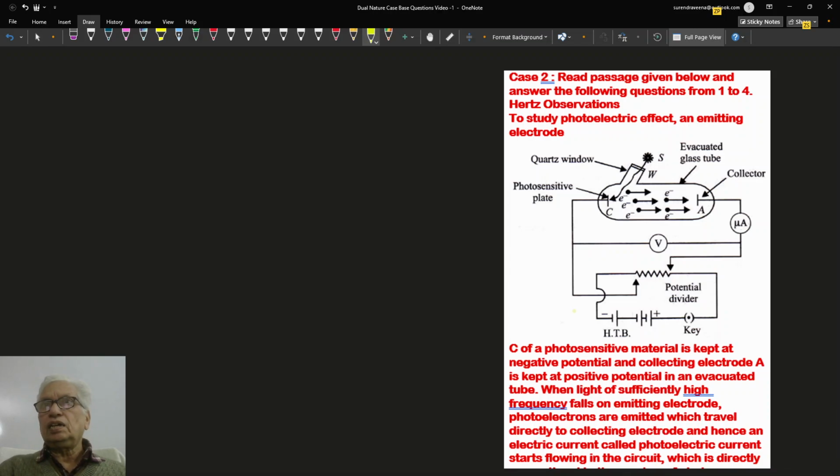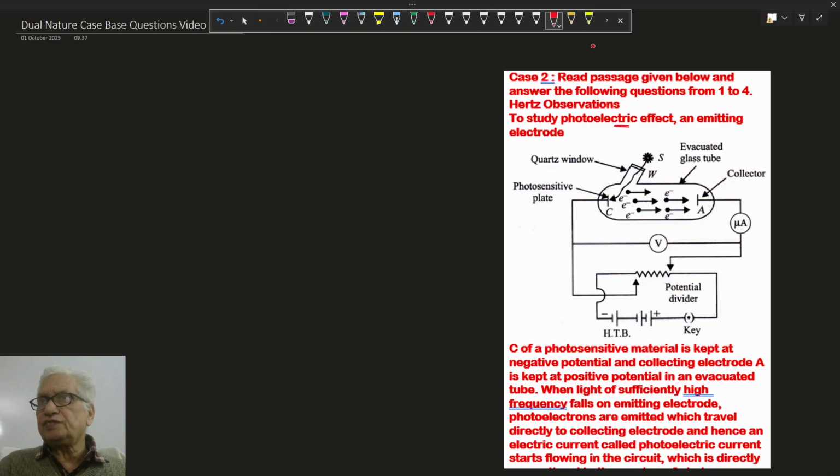Hello. In this case number 2, says second question. Here, to study the photoelectric effect, this is the experimental setup. Here, anode positive, collector, cathode, emitter, negative.